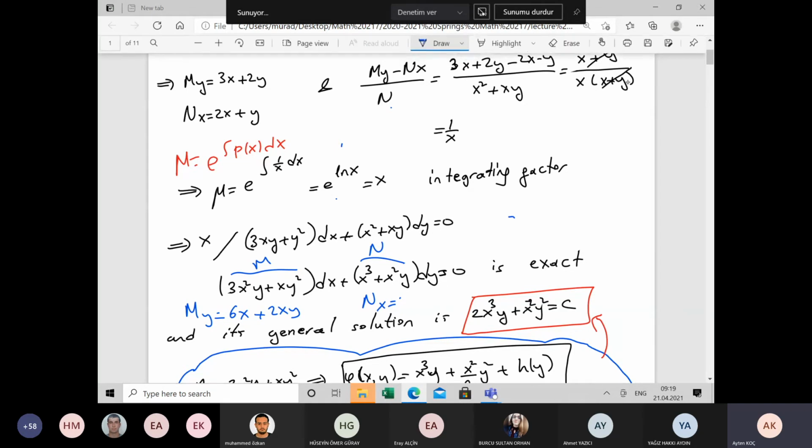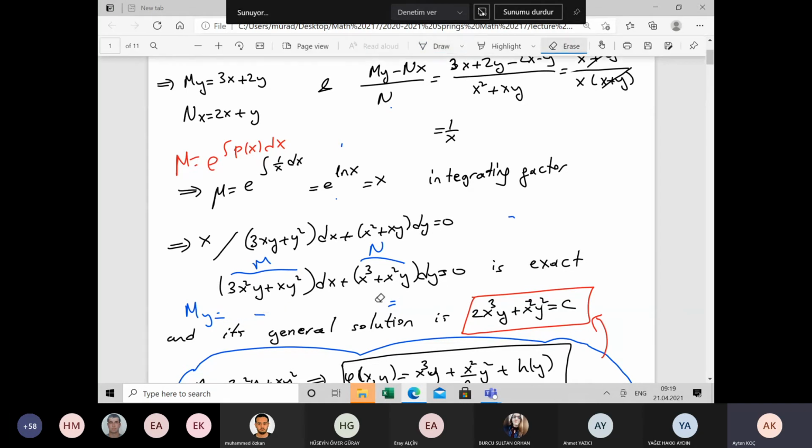Oh, sorry, M sub y. How do we compute this one? M sub y is the partial derivative with respect to y, and we consider x as a constant.